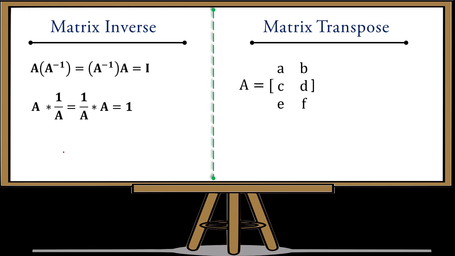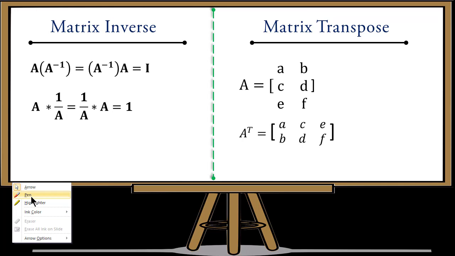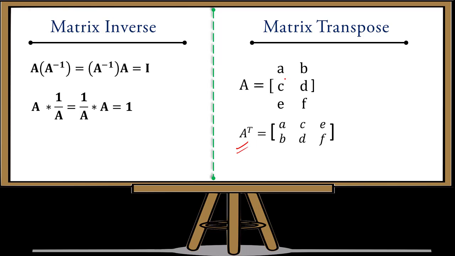When we rotate the matrix A by 90 degrees clockwise and then reverse it, we get this. So by A transpose, you might have seen here, this element comes here and this one comes here.